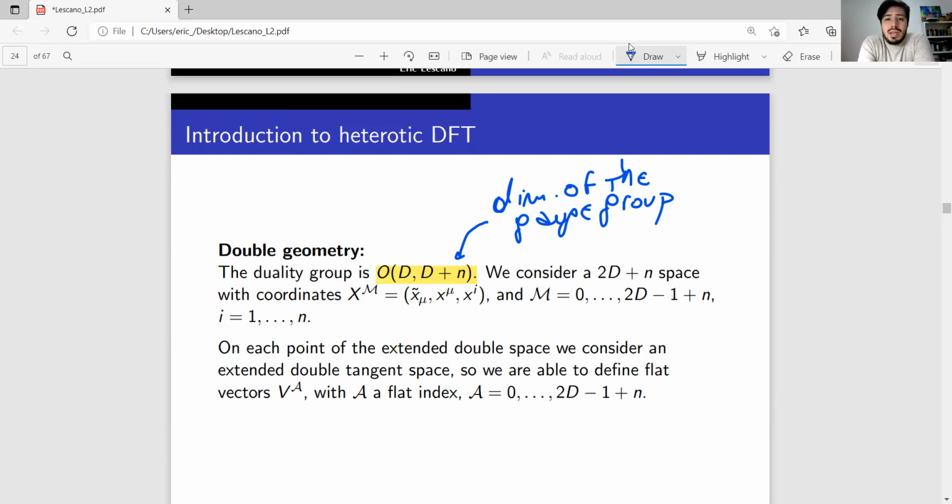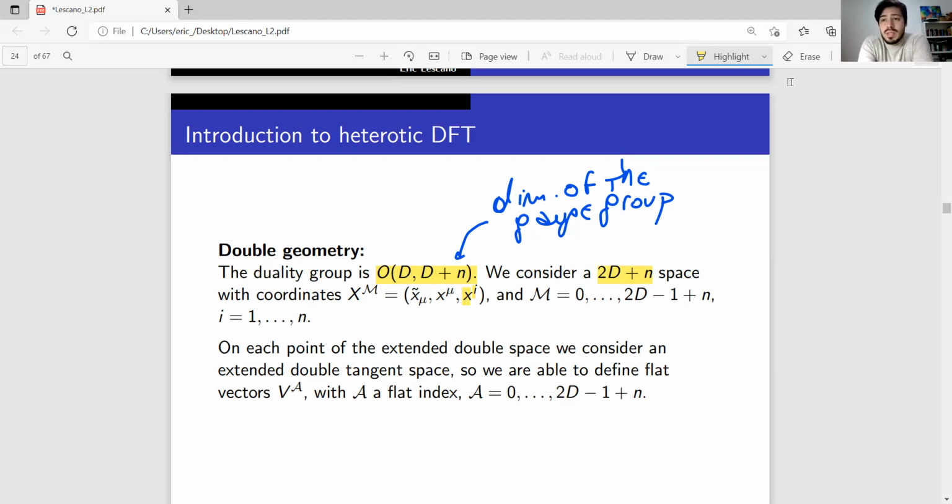We can think of an arbitrary gauge group, but we need to consider an extended double space. Our dimension of the double space is larger than Gianluca's because we need room for the gauge symmetry. So our coordinates now contain an extra coordinate, a kind of gauge coordinate, but do not worry about that coordinate.